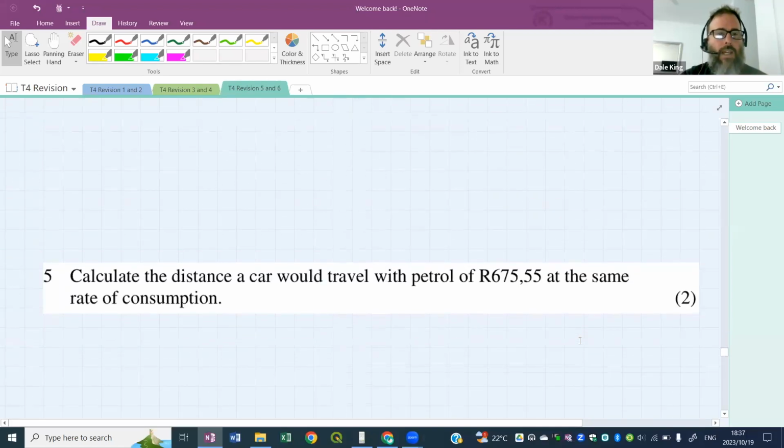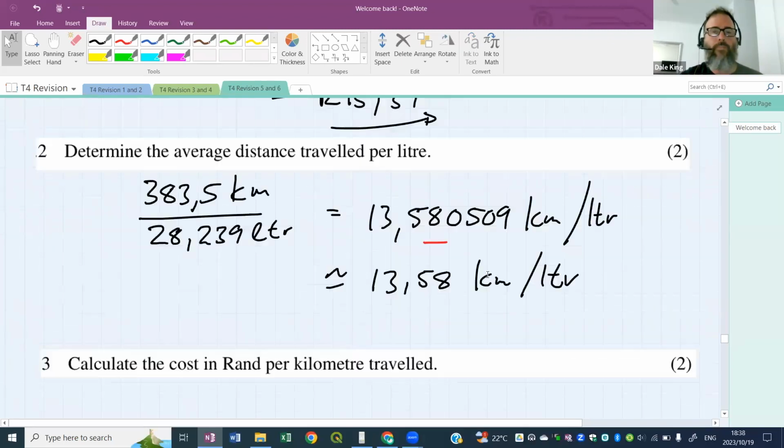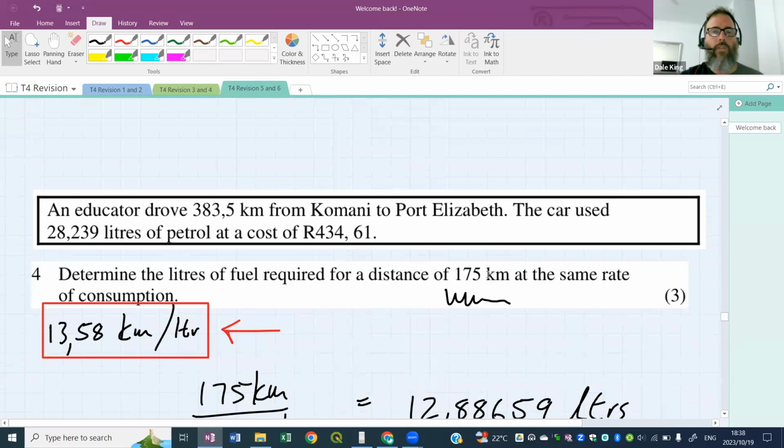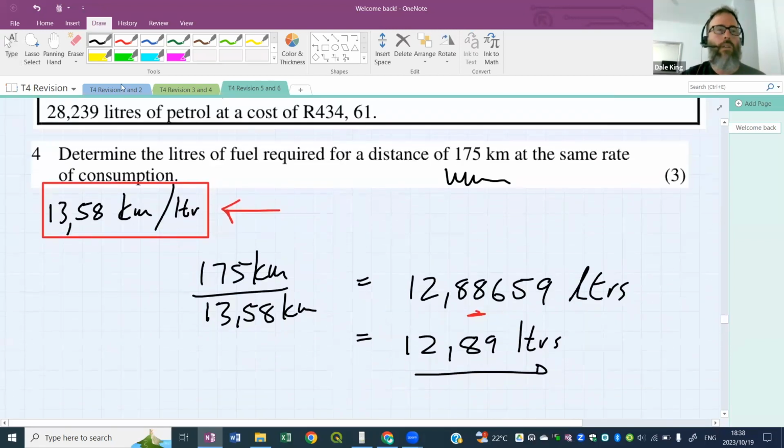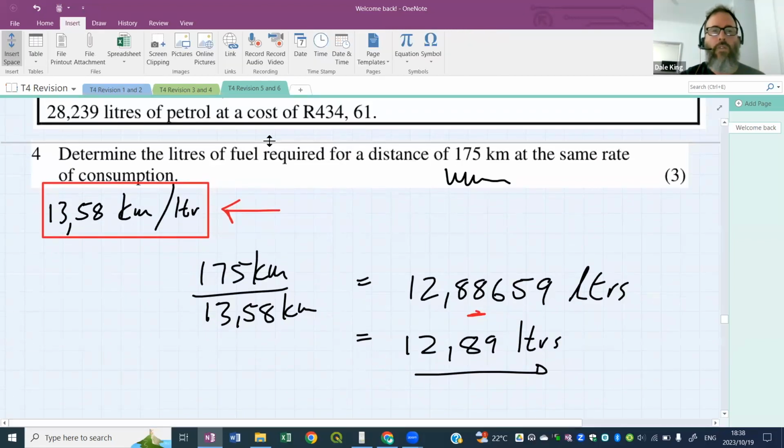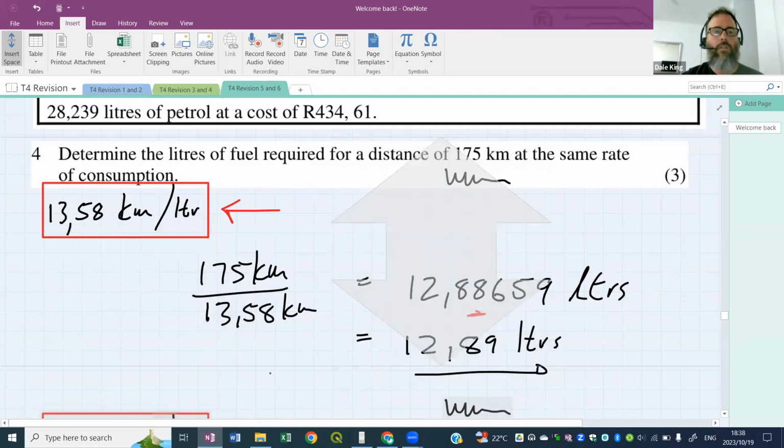Question 5. Calculate the distance a car would travel with 675 rand and 55 cents worth of petrol at the same rate of consumption. So let me bring this question up. I'll bring it right up to the top here and squeeze it in so we can have the contextual information right there for us.